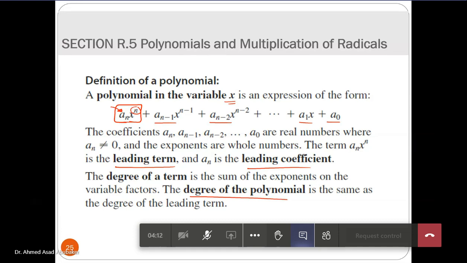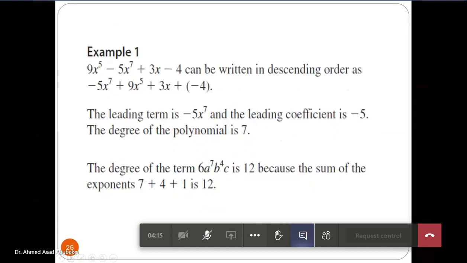Okay, for example, look at this. We have this polynomial. Not the first term, this is the leading term, not okay. The leading term must have the largest exponent, the highest value of the exponent. So the leading term equals what? The leading term equals negative 5x to the power 7.